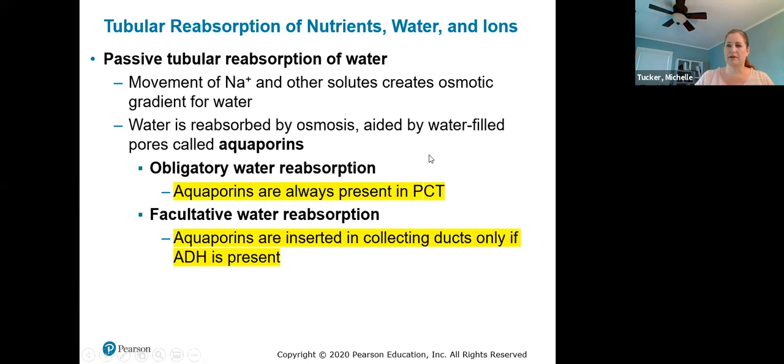The rest of that water, about 30%, is up for negotiation with the other requirements of your body. When we get to the collecting duct, aquaporins may or may not be present, depending on hormonal intervention. But right now we're still in the proximal convoluted tubule. Aquaporins are plentiful, and so water will diffuse, osmose.